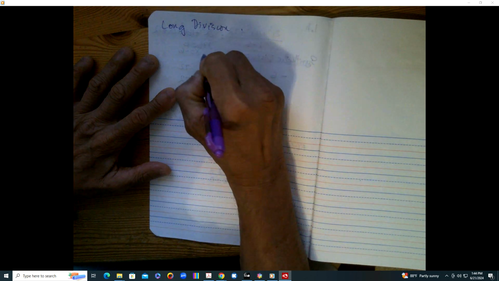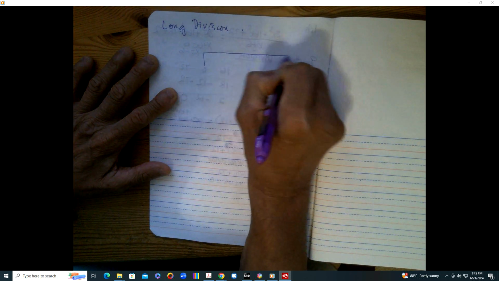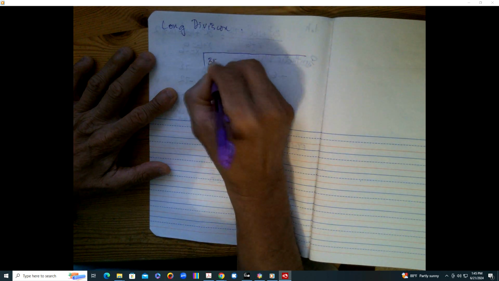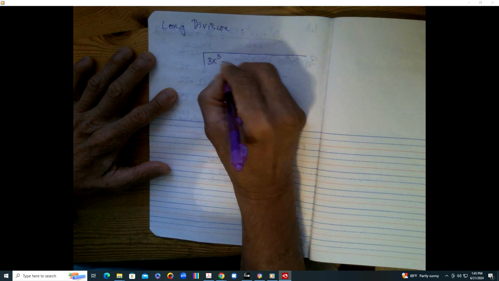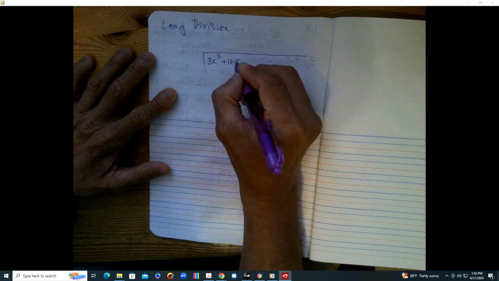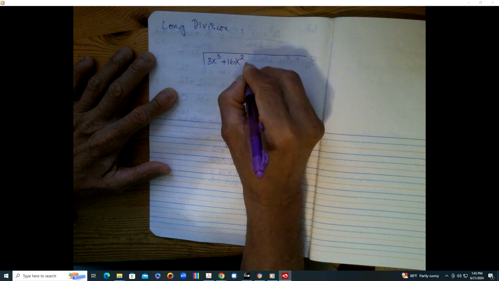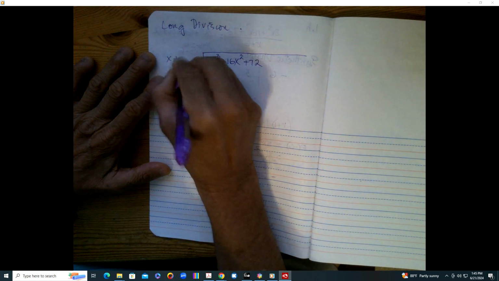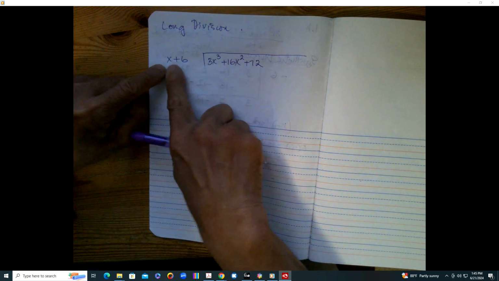All right. First I will divide, it's called long division, so we have to divide. So we have 3x to the third plus 16x square plus 72, and here we have x plus 6. Okay. So we look at this.